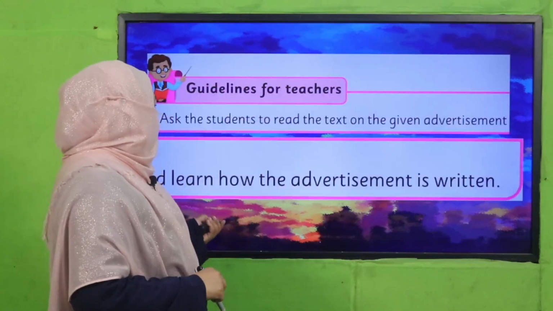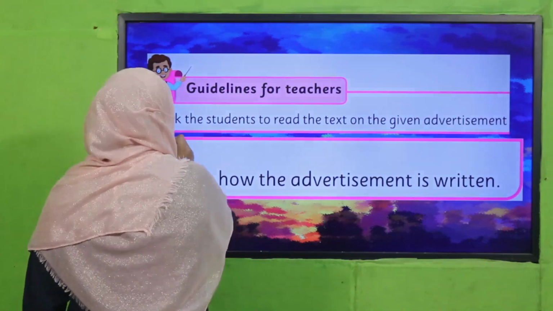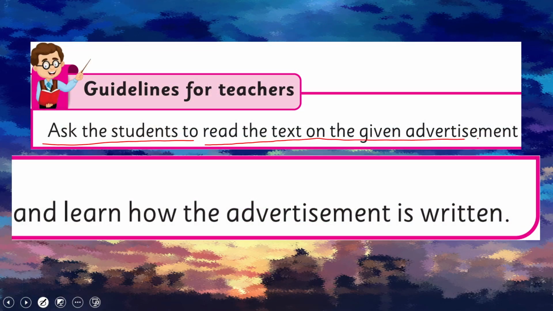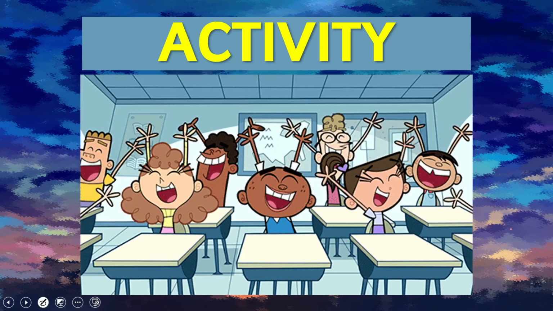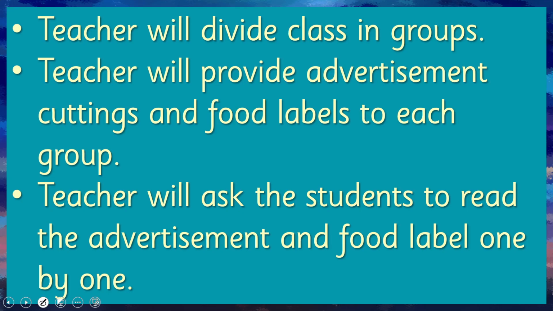All right. Now, teachers, you will ask the students to read the text on the given advertisement and learn how the advertisement is written. And here is the activity. Teacher will divide the class into groups, and will provide advertisement cuttings and food labels for each group.